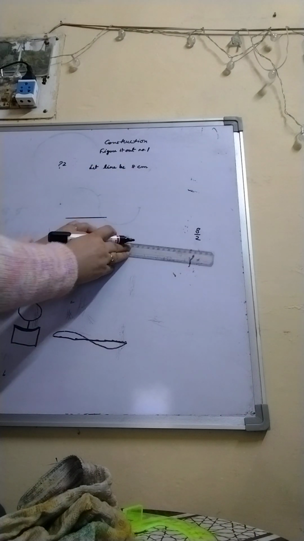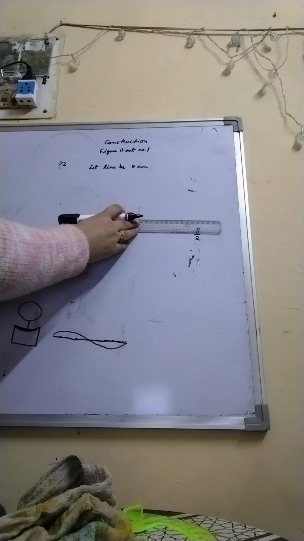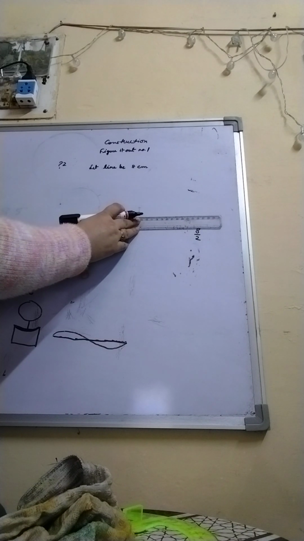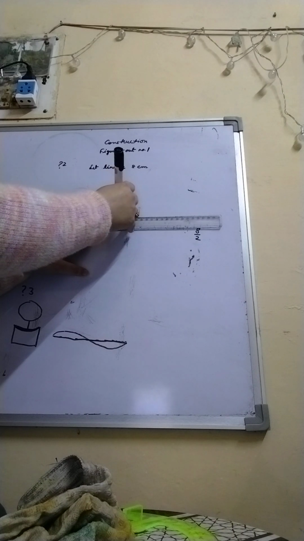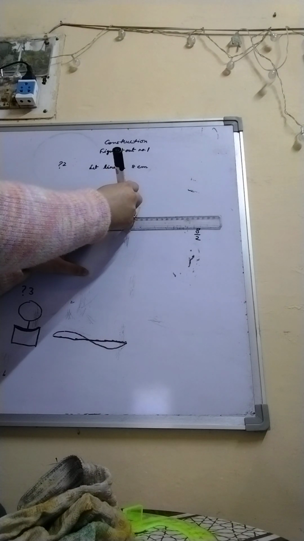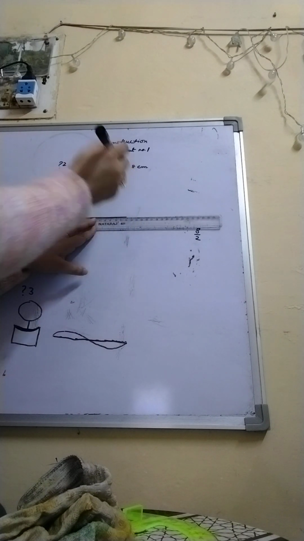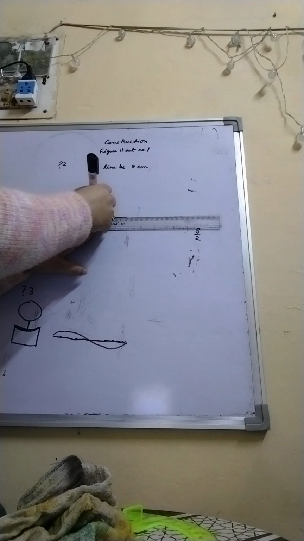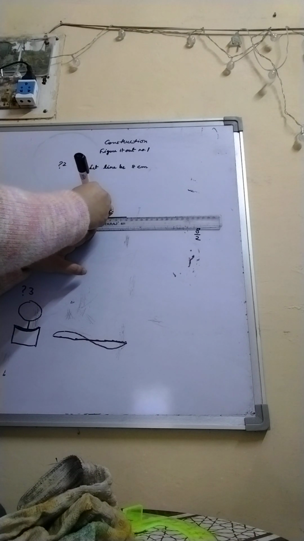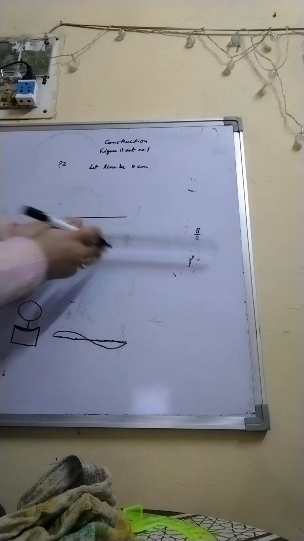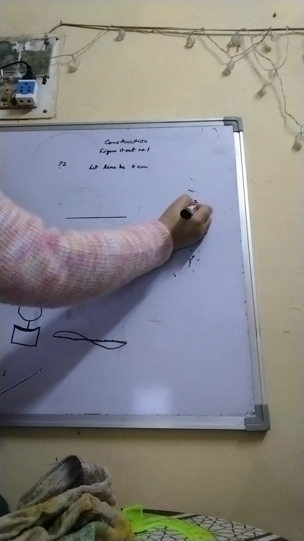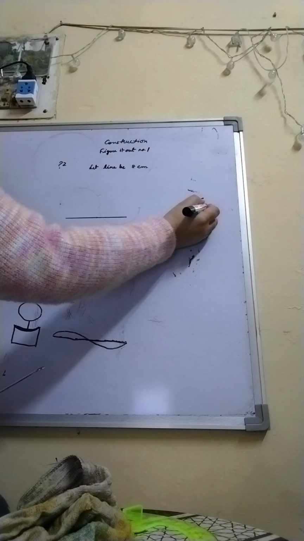Now instead, we can take a larger one also, say 12 centimeter, so that it becomes easy for us to draw. And then we put the dot at 6 centimeter, which is half of the 12. If you take half of 12, how much will it be? 6 centimeter.